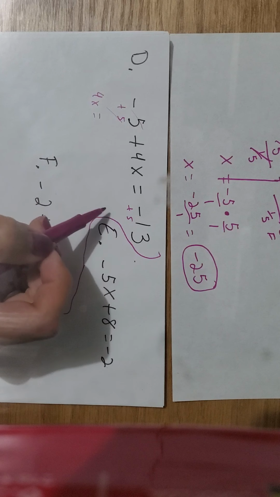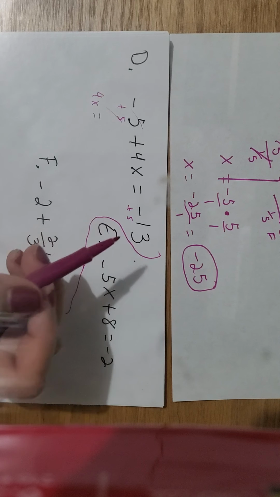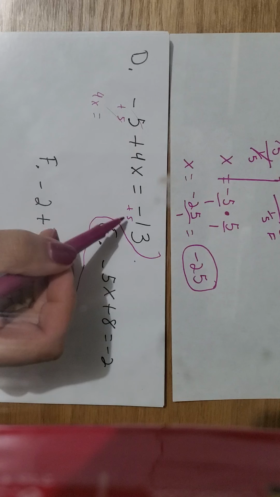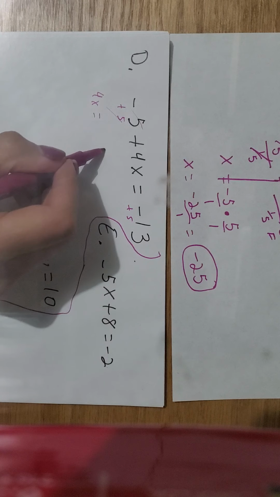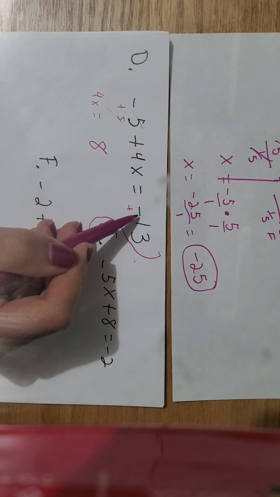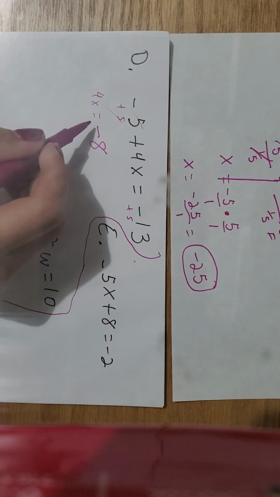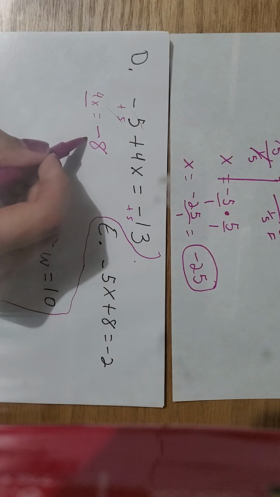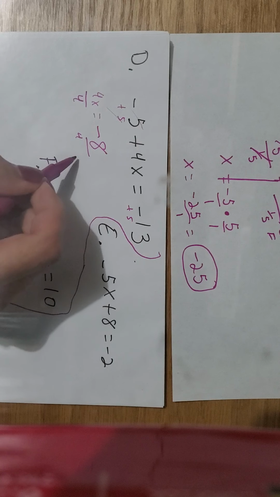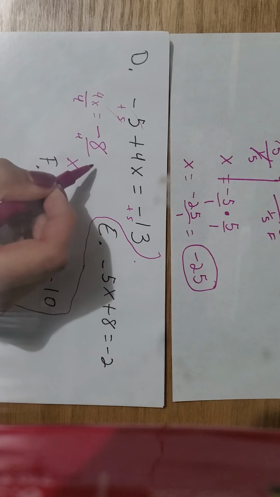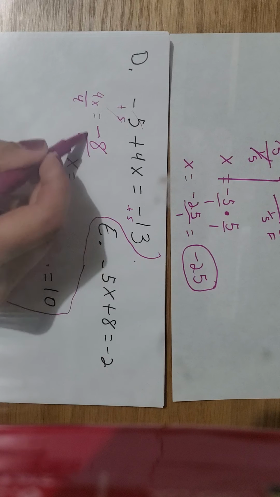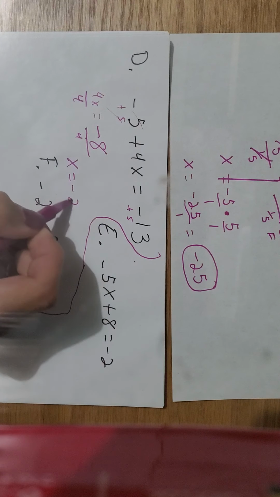They're opposite signs, so you subtract and keep the sign of the bigger number. You subtract 5 from 13, which gives you 8, and you keep the sign of the bigger number, which is negative. Now you have 4x equals -8. You divide by 4, leaving you with x equals -8 divided by 4 equals -2.